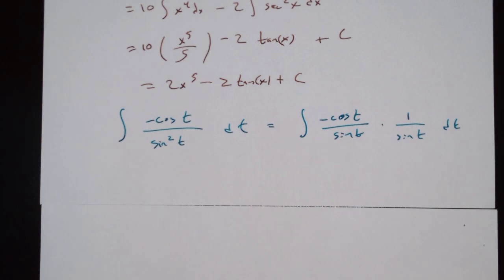And when I've got a sine, its antiderivative is minus cosine, because of the extra minus sign that shows up.